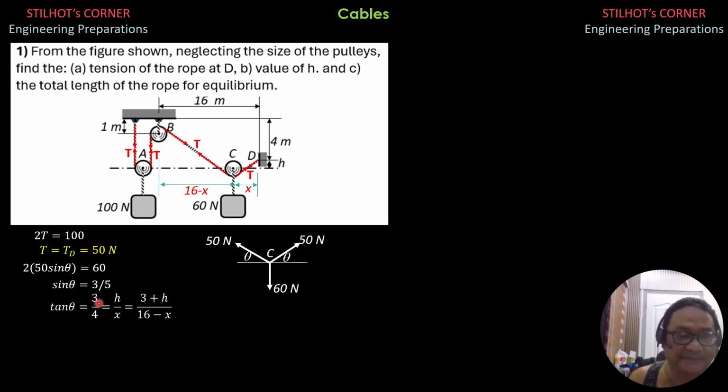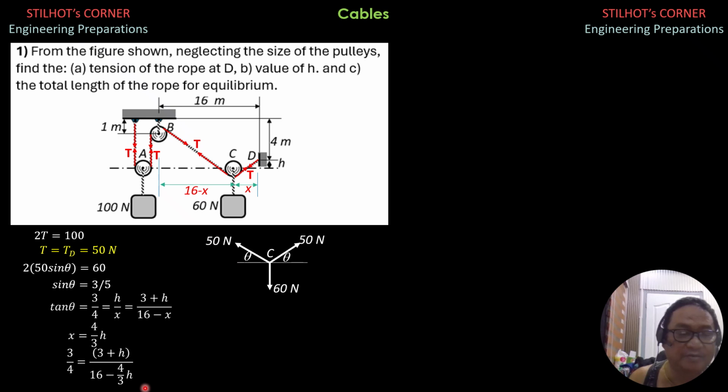So that means from the first two sides of the equation, x is 4/3 of h, and from the first, 3/4 is equal to 3 plus h over 16 minus x. So 3/4 equals 3 plus h over 16 minus 4/3 h.